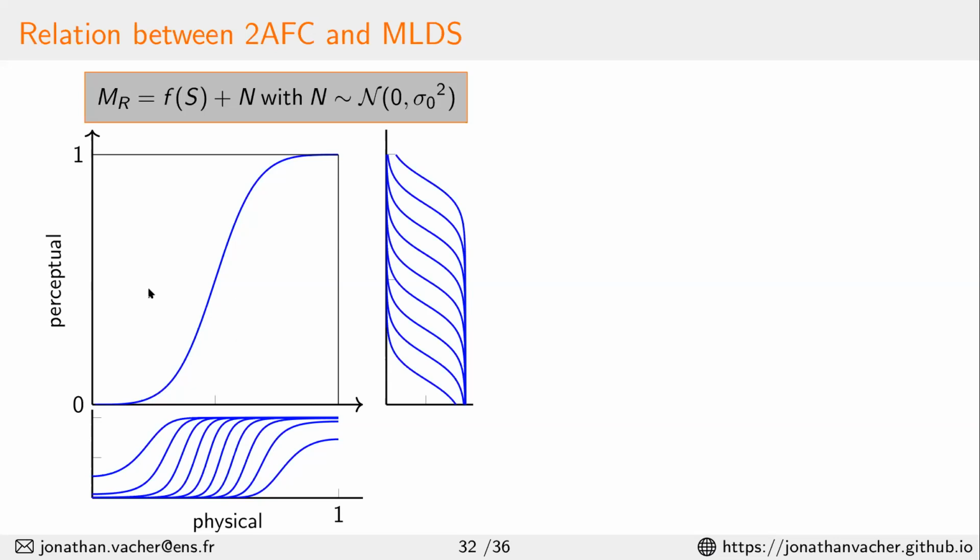In fact, this model predicts that this is a function that transforms this set of psychometric functions across the physical space into a set of psychometric functions that is homogeneous, meaning that the point of subjective equality and the slope are both constant. And so this is somehow like understanding that this transformation is optimal in terms of information theory.